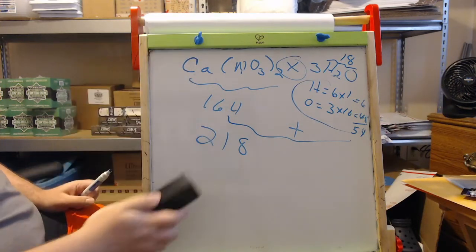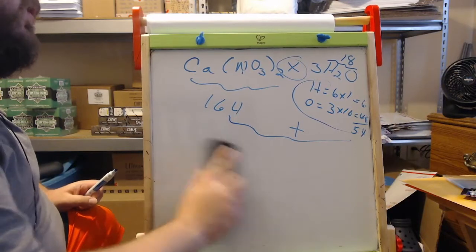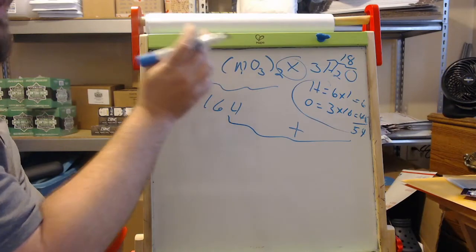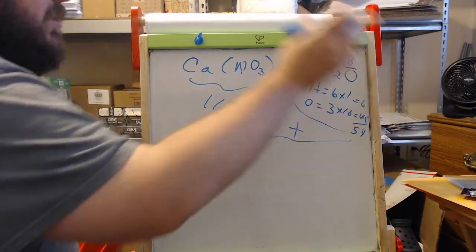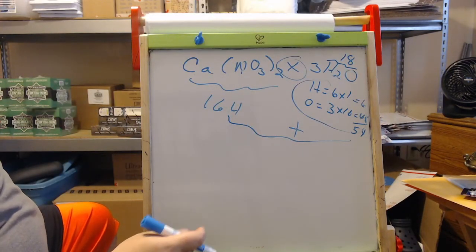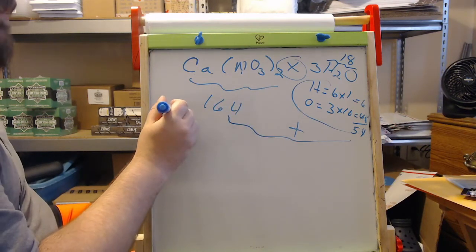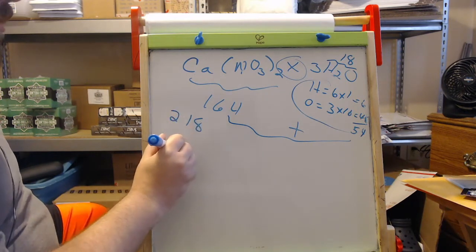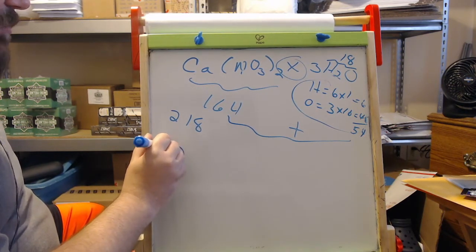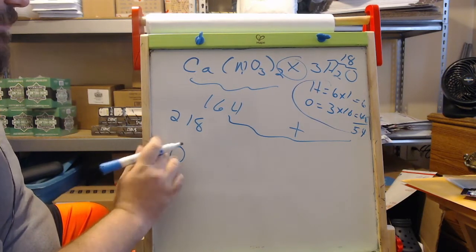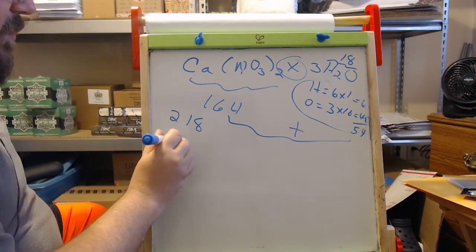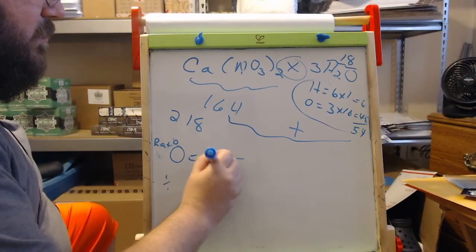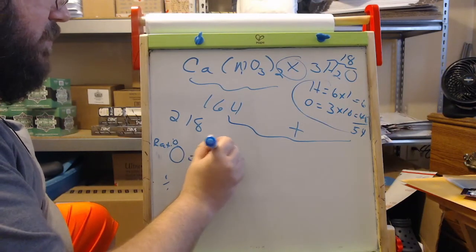Now, what we could do with the mass is figure out the percentage of each compound. We did this in the last one, but just to reiterate, if I wanted to know how much oxygen is in this compound up here, I know the total is 218. If I want to know the ratio of oxygen, and then we'll figure out the percentage, I would take the part over the total.